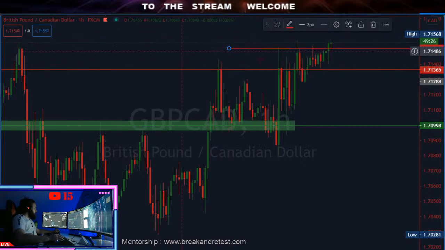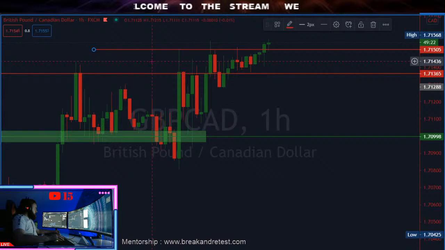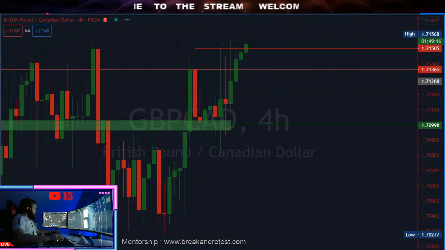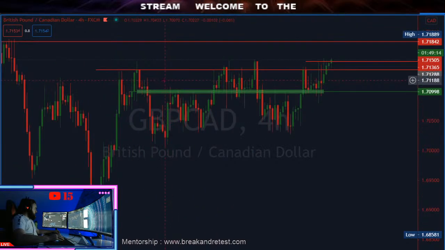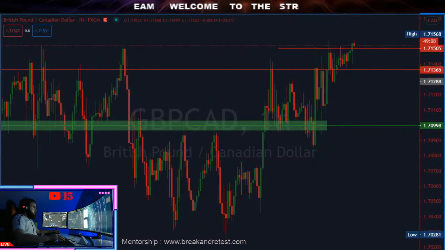What's this here? GBPJPY. I would trade this setup probably, but just because it's GCAD, I don't trust GCAD anymore. GCAD's been the most unstable pair lately.